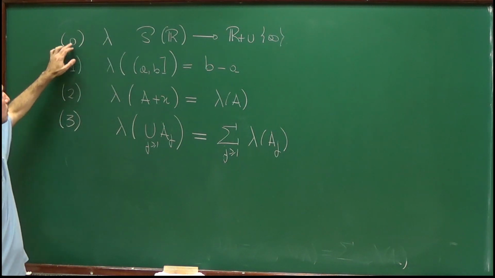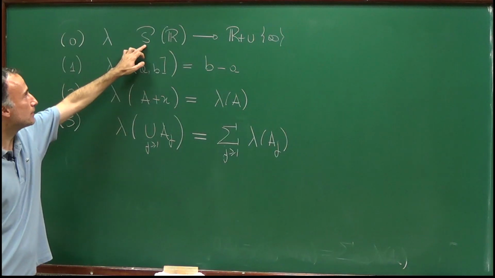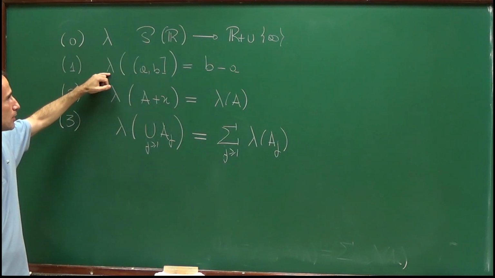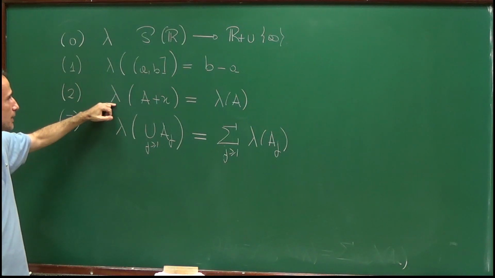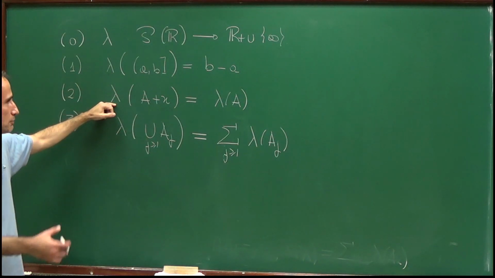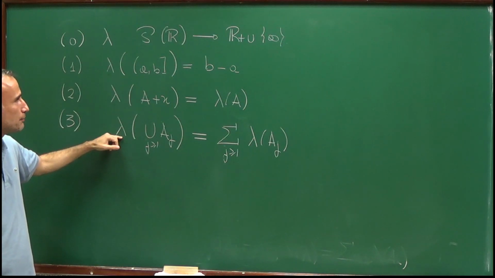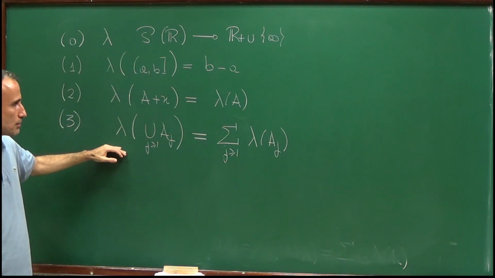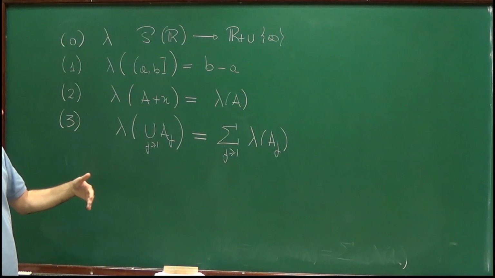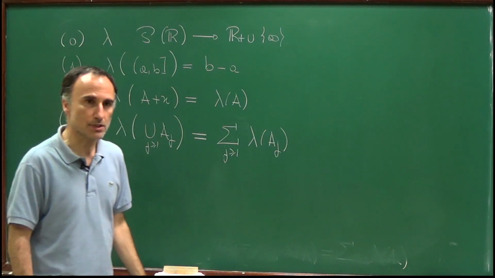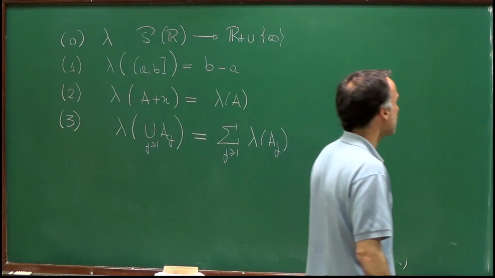Property 0 is that it's defined for all subsets of R, that it's an extension of the length of an interval, that it's invariant by translation, and that it's sigma additive. Assuming all these 4 properties and the axiom of choice, I will reach a contradiction. So this is what we will do now.